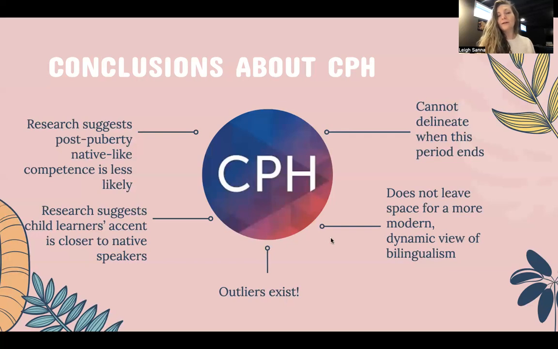One of the problems that's been talked about with the critical period hypothesis is that it doesn't leave space for the more modern dynamic view of bilingualism, where these days people are saying, okay, bilinguals might not be the textbook perfect speaker, reader, writer in all of the languages that they speak, but they're bilingual.